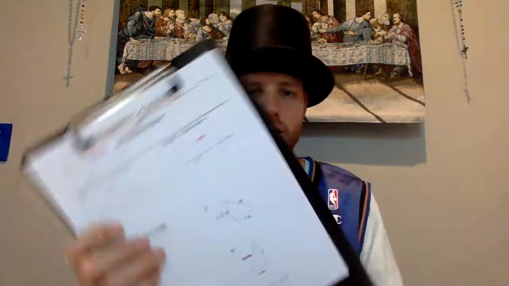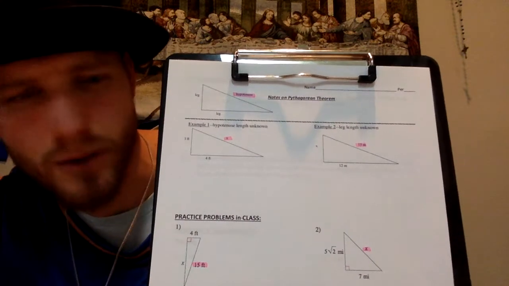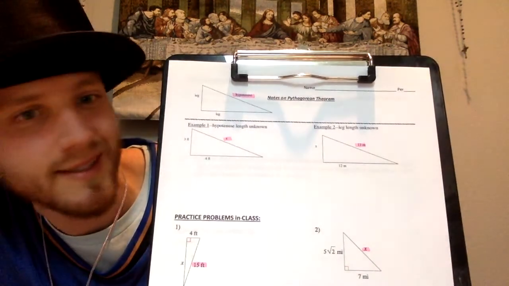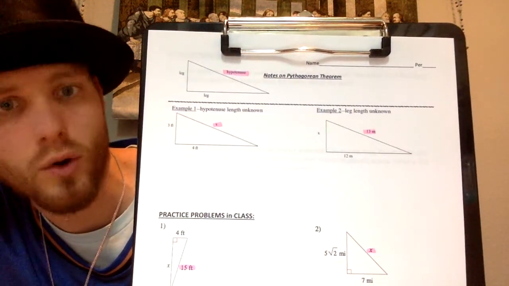Thank you. All right, Pythagorean Theorem. Notes. So this is the first page of your notes. It's review. We've already taken notes on this in chapter 1, so I'm not overly concerned with taking a whole bunch of time doing it.